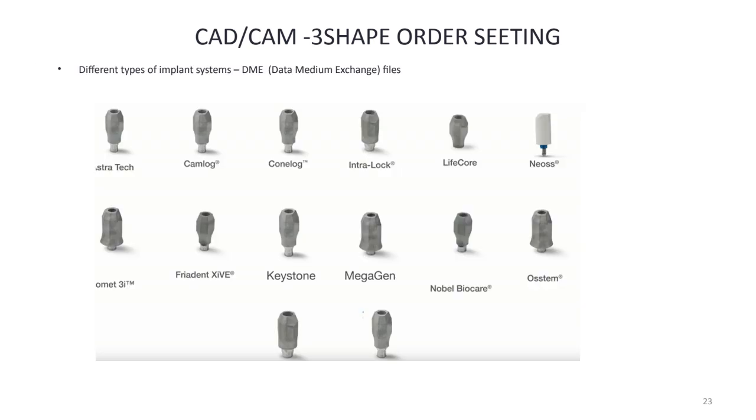So these are different types of scan bodies, or sometimes they're called locators. They are used during the scanning phase to indicate where the implant is located and the position of the implant.